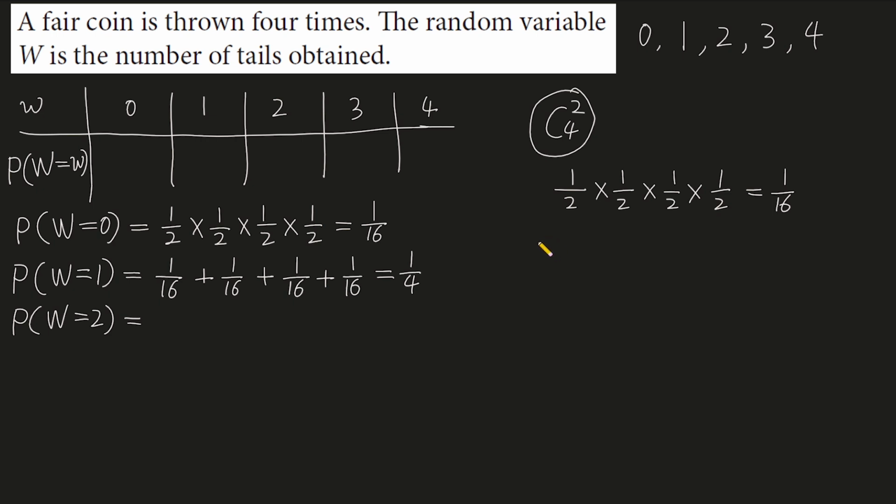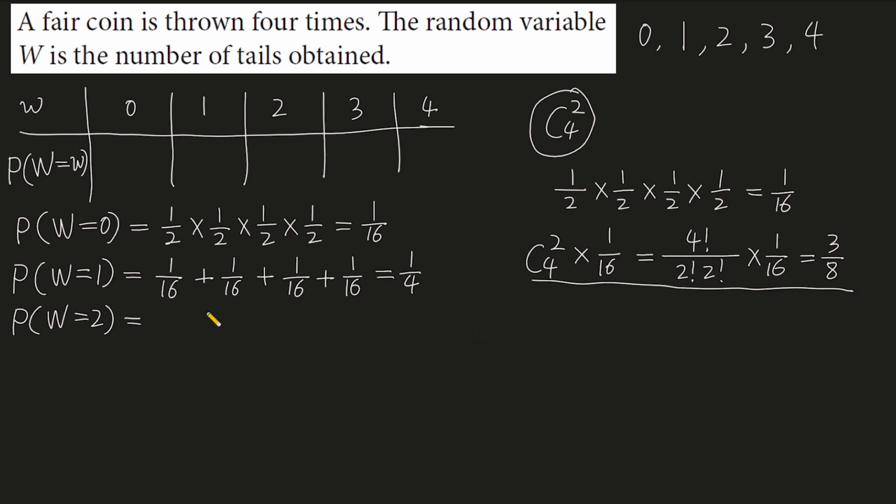So we multiply C(4,2) with 1 over 16. This equals 4 choose 2 multiply 1 over 16. This equals 3 over 8. So this is the probability that the random variable equals 2. So this is 3 over 8.